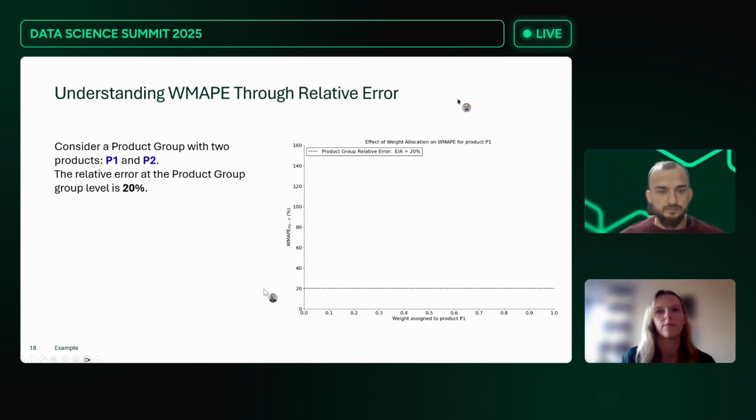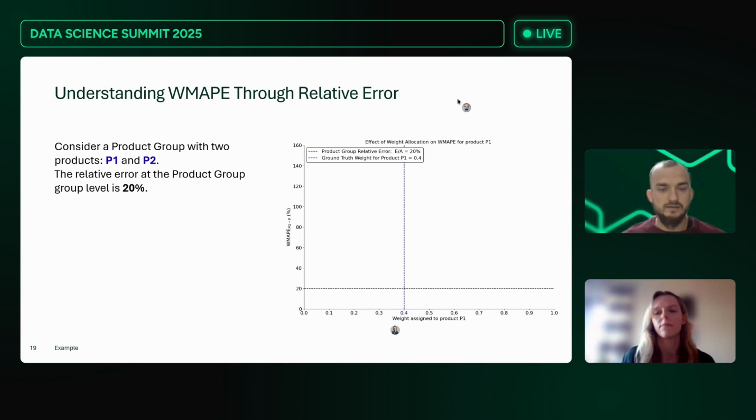So once we want to plot this relationship, on the plot, how the assigned weight for a given product affects this reaggregated WMAPE, we know that this cannot be lower than this bound. Additionally, we know that the true weight of P1 across the time series is 0.4, and we will use this knowledge as a reference point.